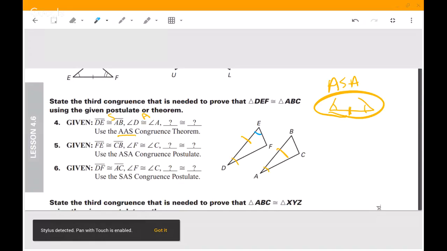So then you can do the same thing again with 5 and 6. If we erase our marks. For 5, we're supposed to use angle side angle. So remember, it's going to look something like this, right? So what it tells us is a side and an angle. So what else do we need to prove?